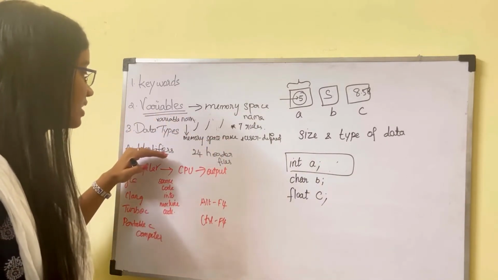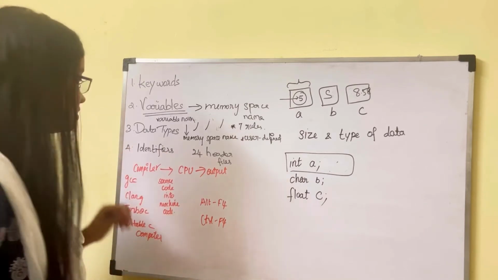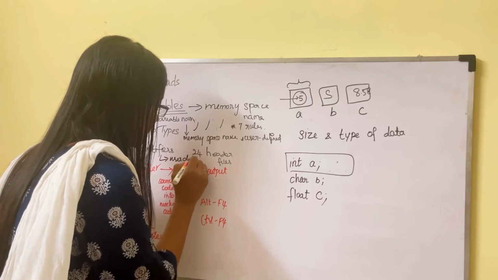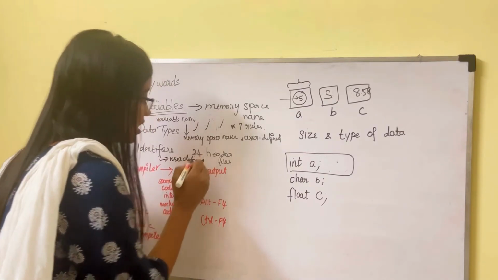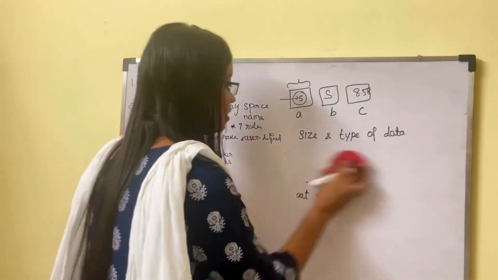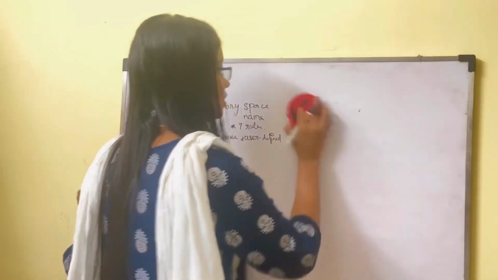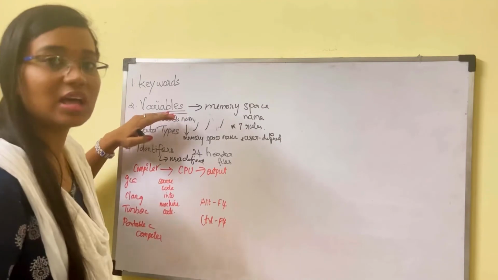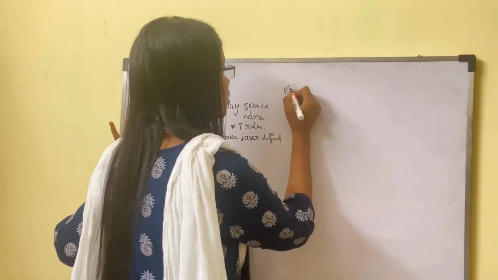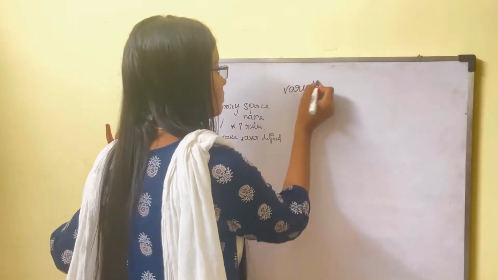Then what are identifiers? Identifiers are the user defined memories we are going to use in the program. We have already seen one concept: variables are user defined.